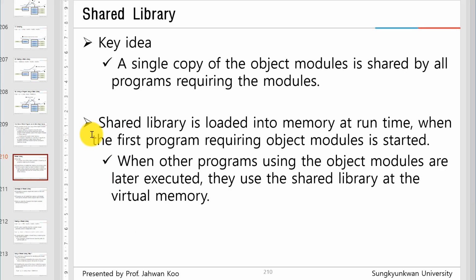Instead, a single copy of the library is loaded into memory at runtime, when the first program requiring the object modules is started. When other programs using the object modules are later executed, they use the shared library in virtual memory. Okay?